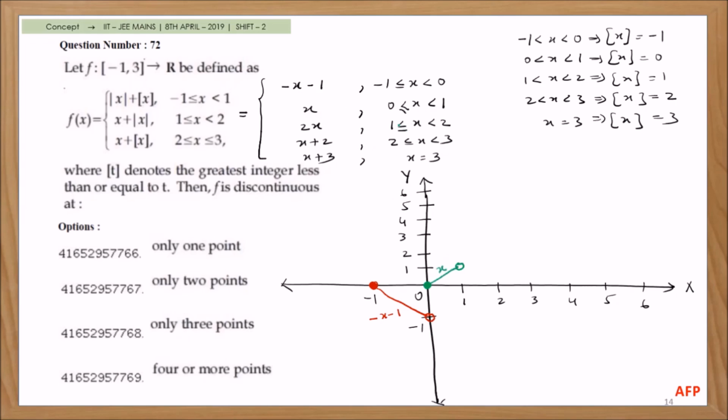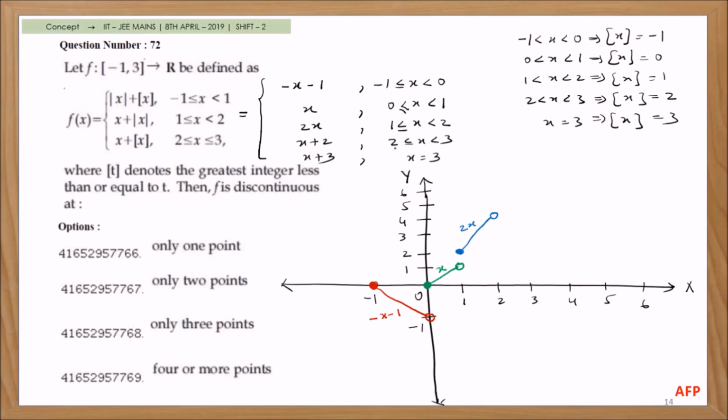Next, 1 to 2: 1 is included, and if you substitute 1 you get 2. If you substitute 2, which is not included, you get 4, which is excluded. So draw a straight line; its equation is 2x.